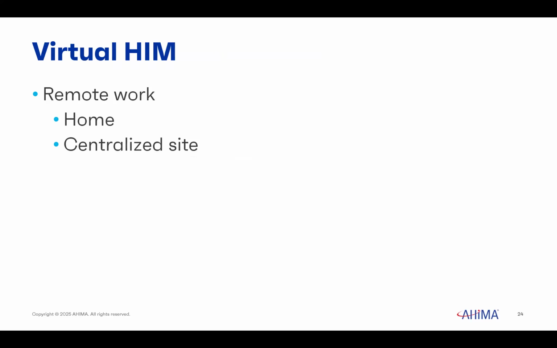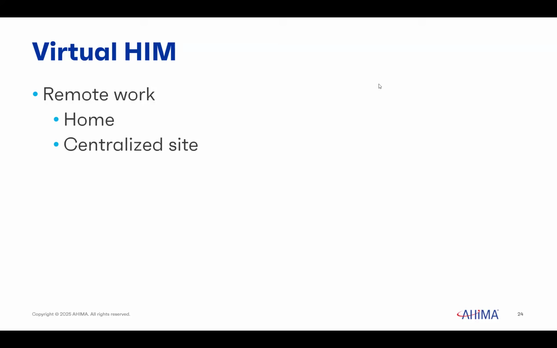More and more HIM positions are becoming virtual. Coders that work for large organizations like Peace Health, Providence, and Kaiser Permanente all, for the most part, work at home. There are a few organizations where the HIM department has a centralized function that handles all release of information for one site.